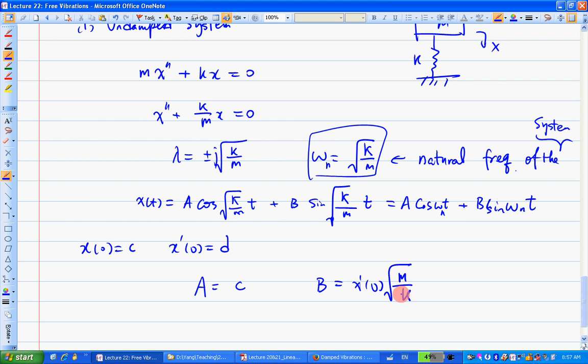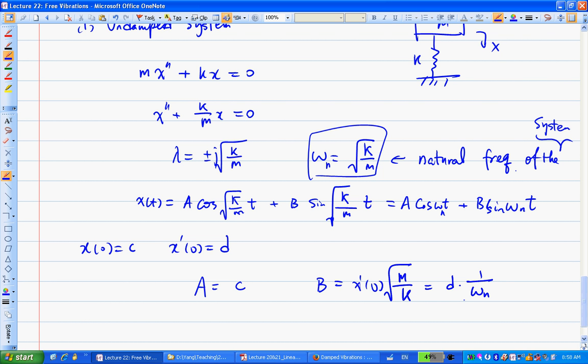Not k over m, it's m over k. Which is x prime 0 multiplied by 1 over omega n. So that's the connection between A and B and the initial conditions x of 0 and x prime 0. Okay, that's A and B here.